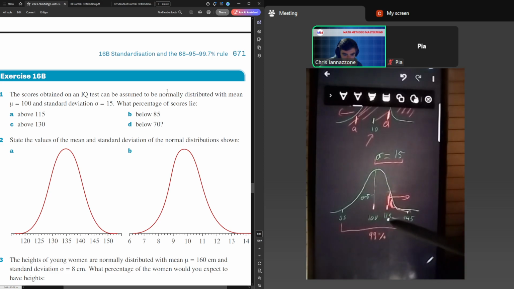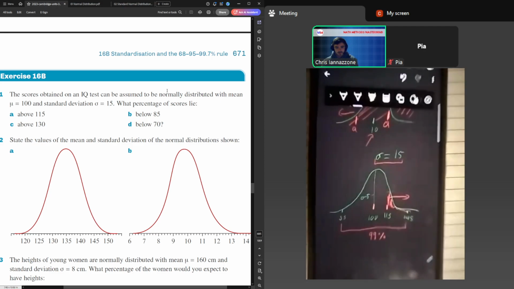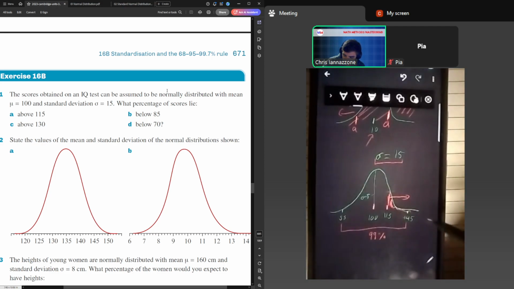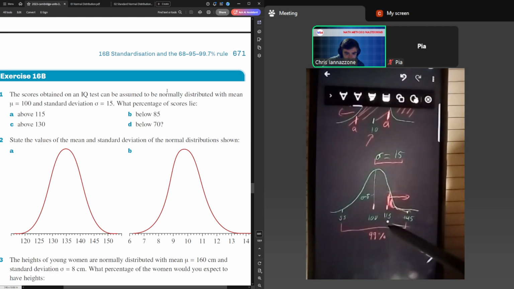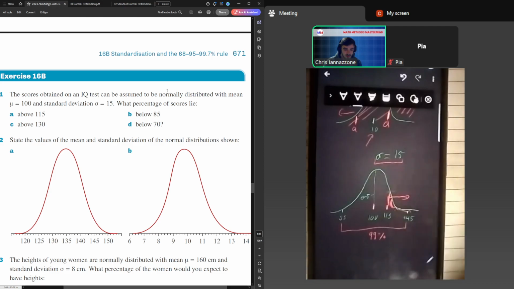So my question to you now is, what does 115 mean in terms of number of standard deviations? So this is 3 standard deviations, this is minus 3 standard deviations. What's this one therefore going to be?